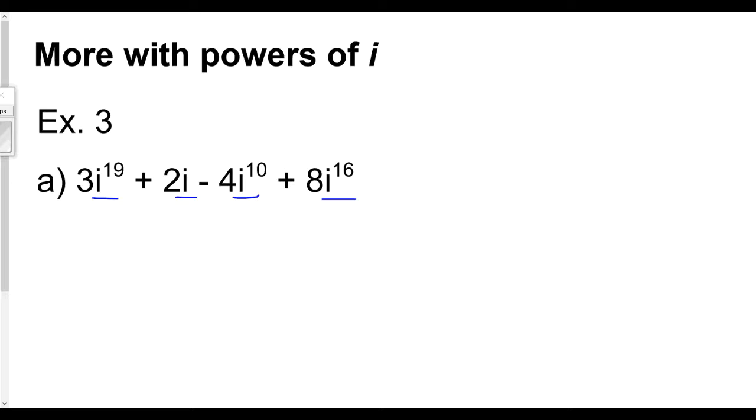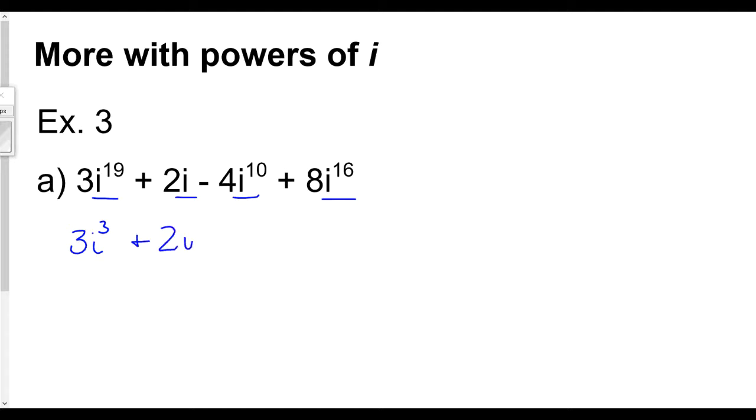Taking the first one, i to the 19th, and dividing by 4, I get 4.75, which means this is really the same thing as 3i cubed. The second term is plus 2i, and I can't simplify that anymore.